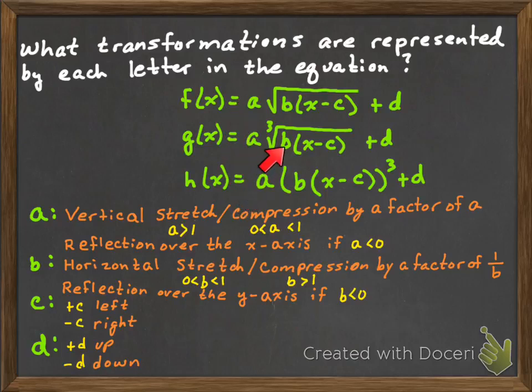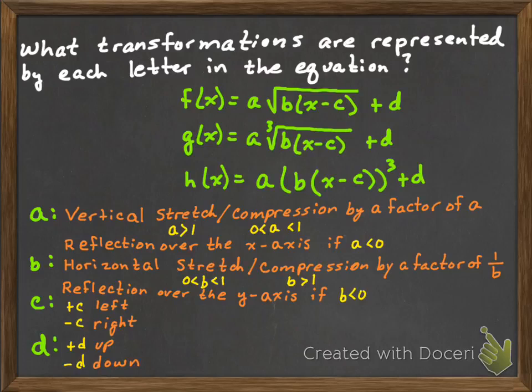Now remember that with transformations, anything that takes place inside of a grouping symbol, like right here, or right here, or inside these parentheses, is going to be a horizontal transformation or a left to right transformation.